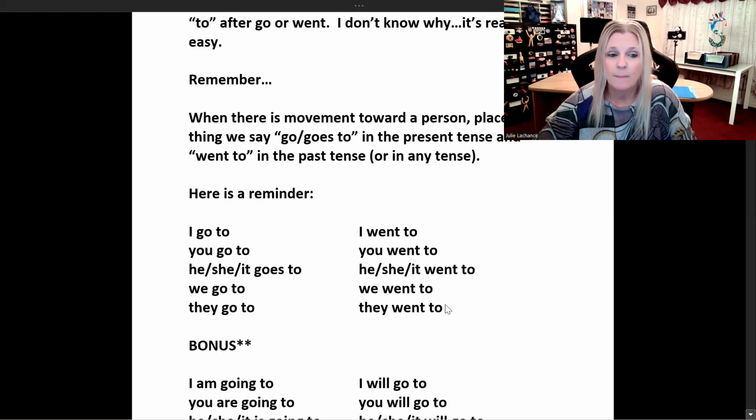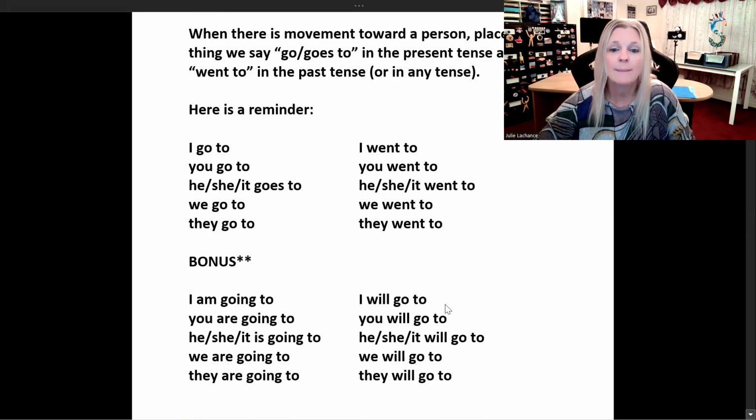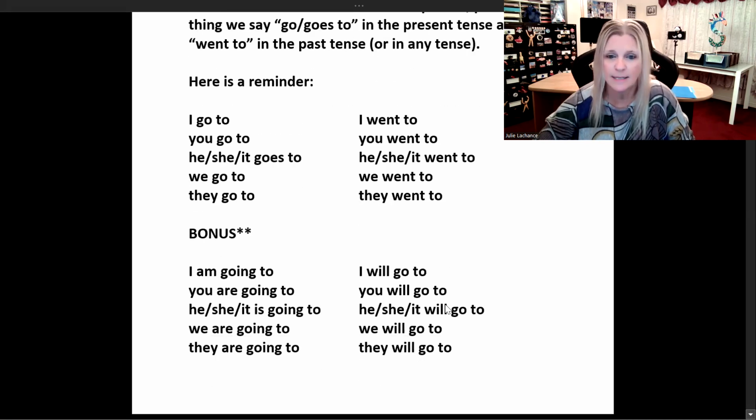Here's a reminder. I go to, you go to, he, she, it goes to, we go to, they go to. In the past tense, I went to, you went to, he, she, it went to, we went to, they went to, because there's a movement. I'm giving you some bonus tenses.